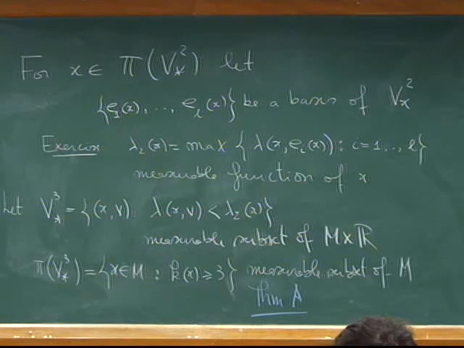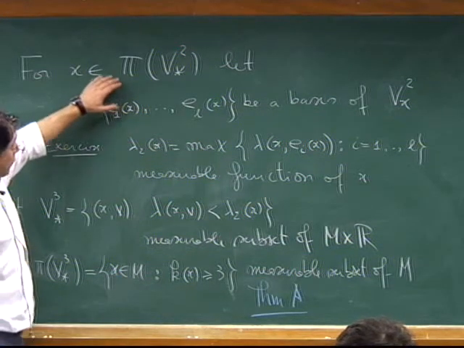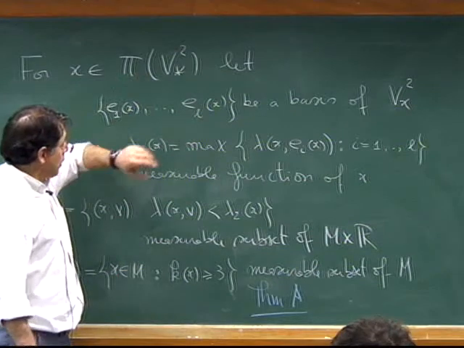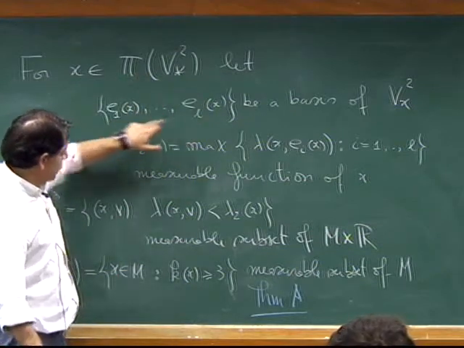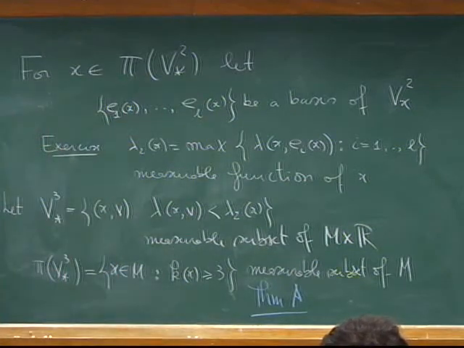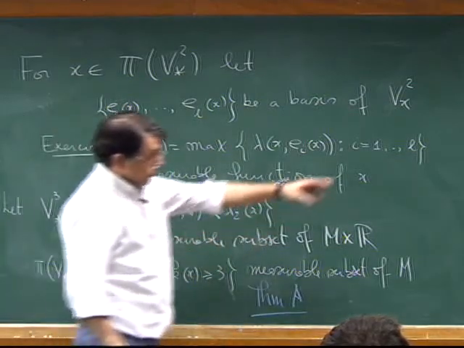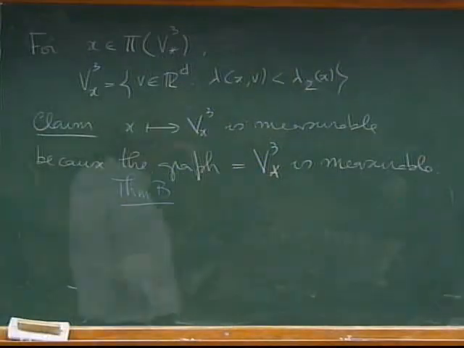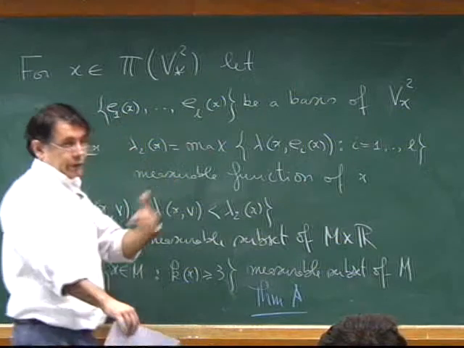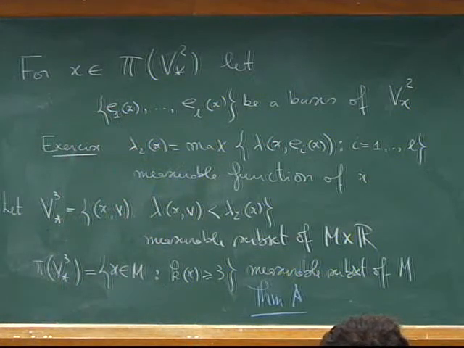And by what we know already, this is a recurrence argument. Since we already know that V2x is measurable, I can choose a basis where these vectors are measurable. The first time the basis is constant. From the second step on, it depends on x, but it depends on x in a measurable fashion. So it doesn't matter.